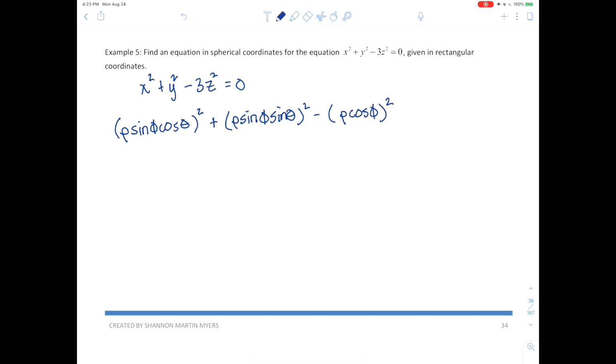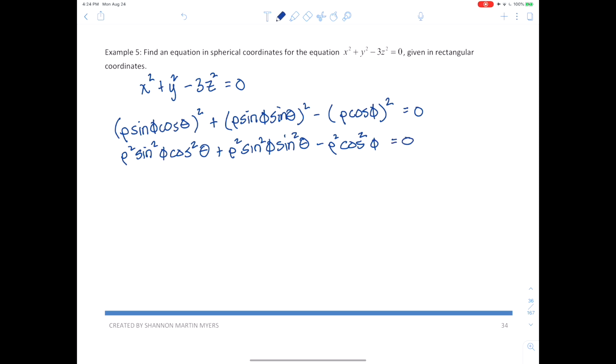And that's squared as well, and that's all equal to 0. So let's see what shakes out. We'll get rho squared sine squared phi cosine squared theta plus rho squared sine squared phi sine squared theta. Oops, sorry. And then minus rho squared cosine squared phi equals 0.